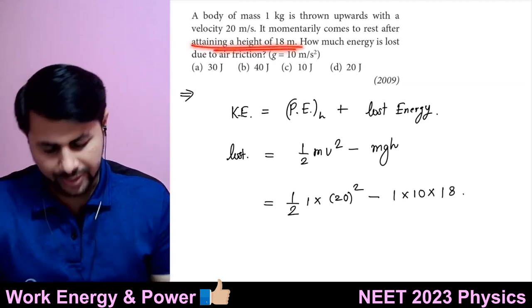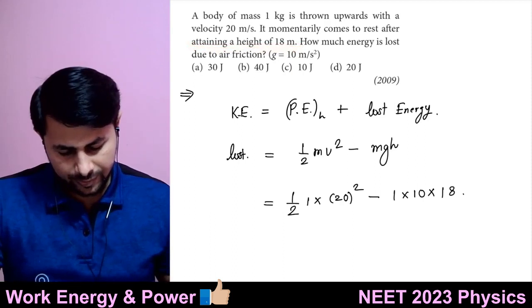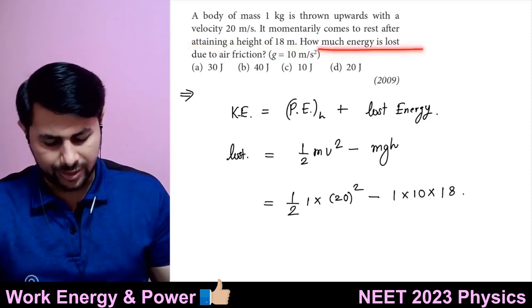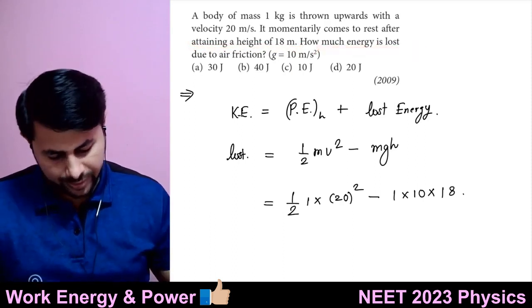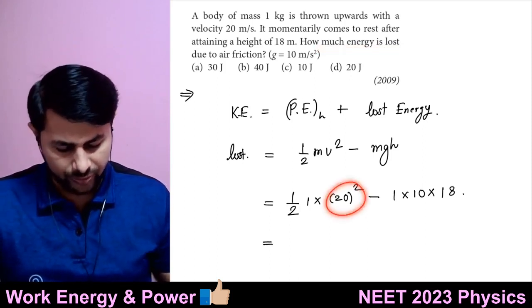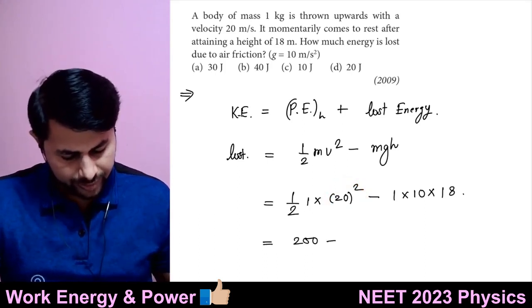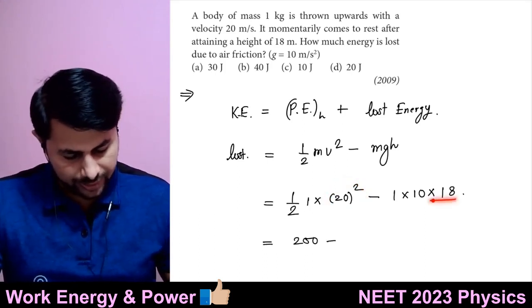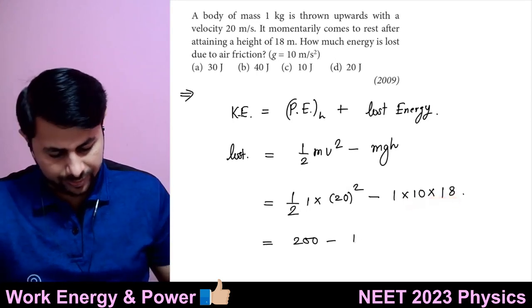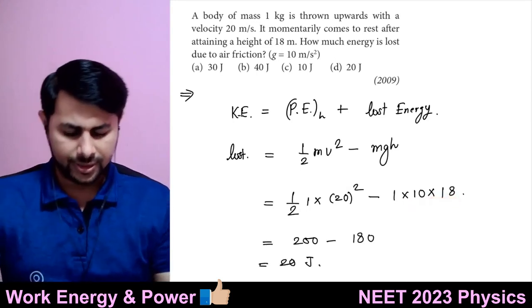It attains a height of 18 meters, right? So how much is the energy loss due to air friction? 20 square is 400, 400 divided by 2 is 200, minus 18 times 10 is 180. So 20 joules is the answer.